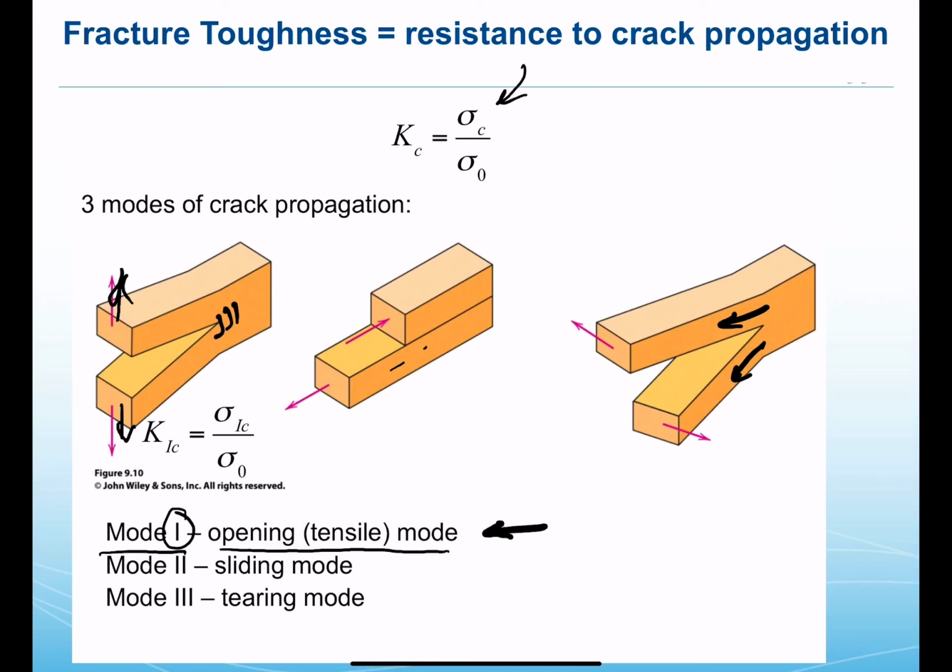So the K1C is again going to represent the actual sigma value to propagate that crack relative to the amount that is actually applied. So let's look at some K1C information, a constant that represents the resistance to crack propagation.